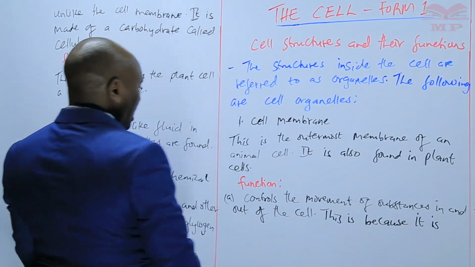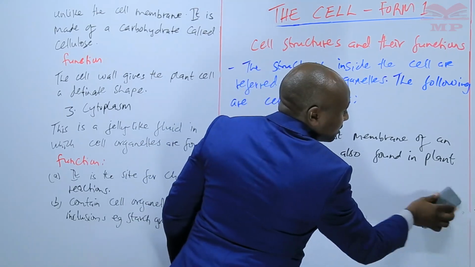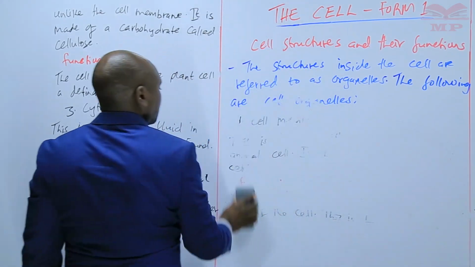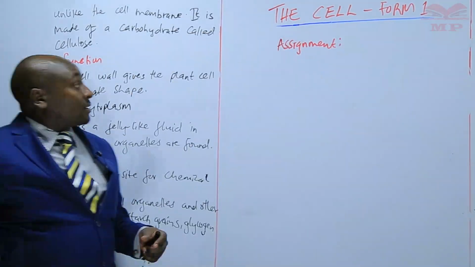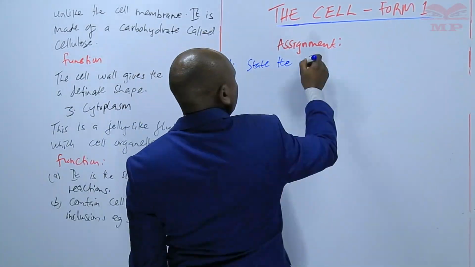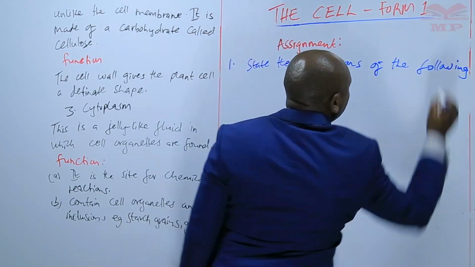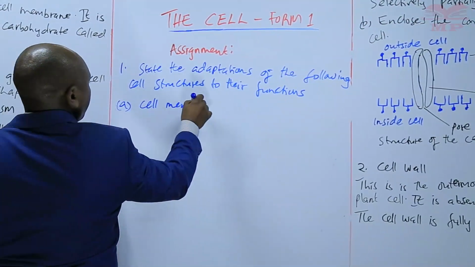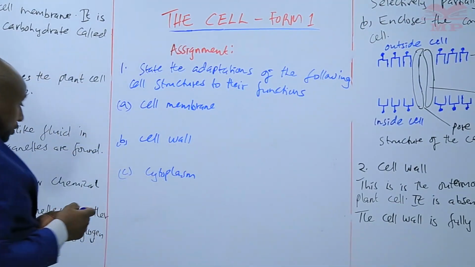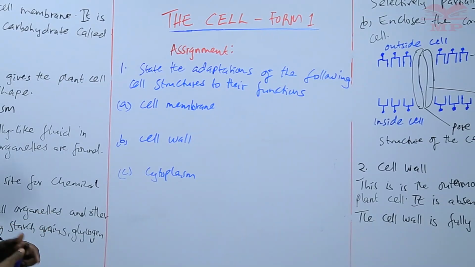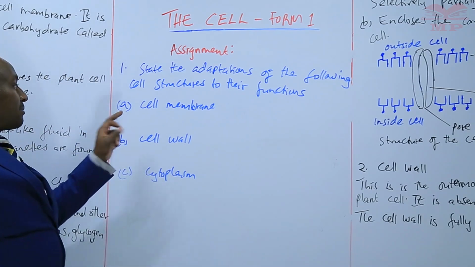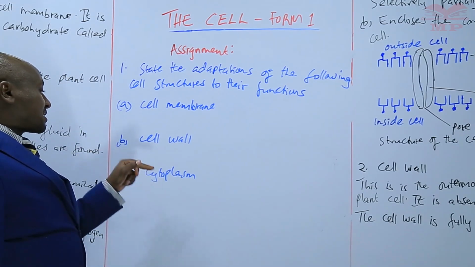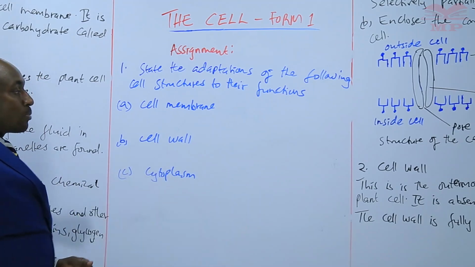So we'll have a short assignment. State the adaptations of the following cell structures to their functions. A, the cell membrane, B, cell wall, and C, the cytoplasm.